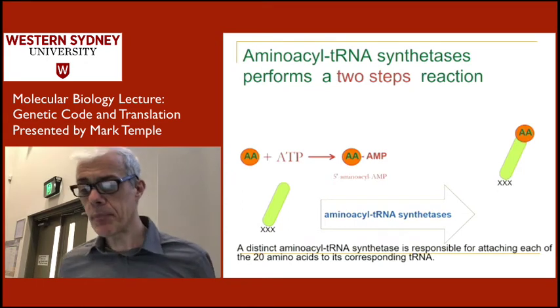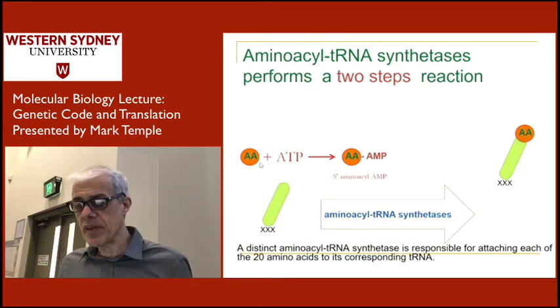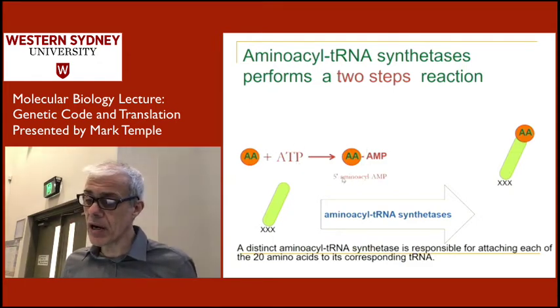So the first step in the reaction is the activation of the amino acid. The amino acid is reacted with an ATP molecule to form a high-energy bond, and that's the 5'-aminoacyl AMP.